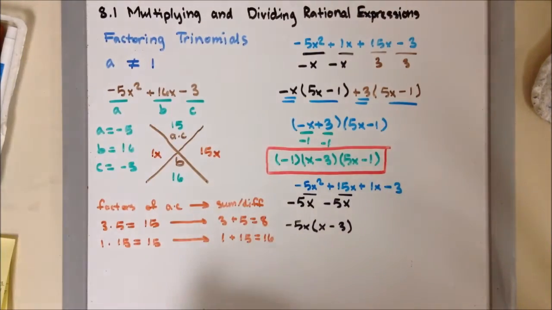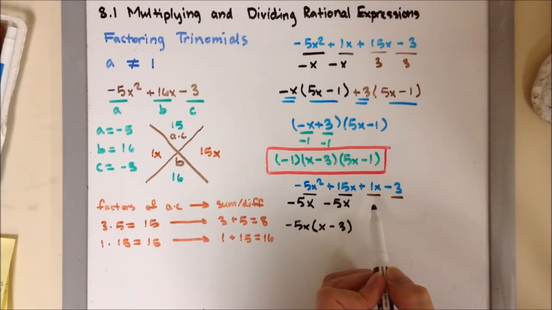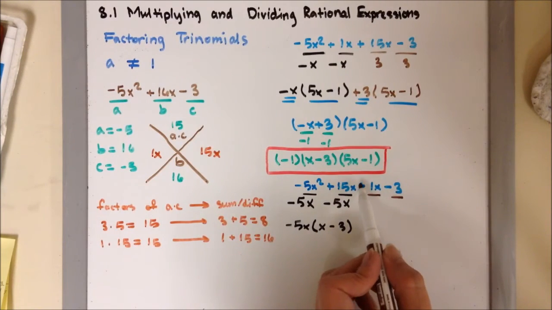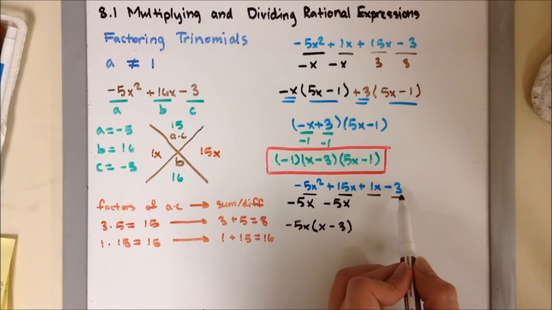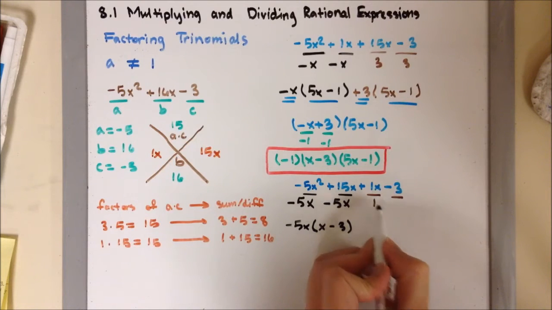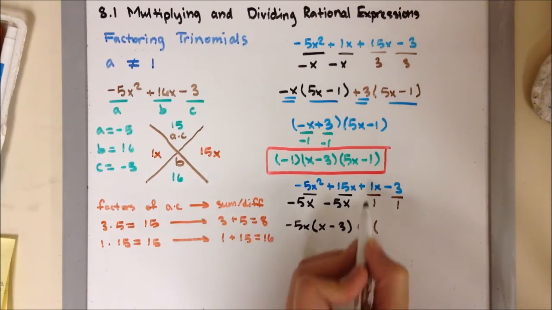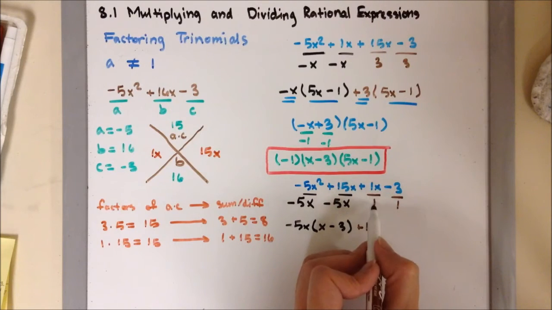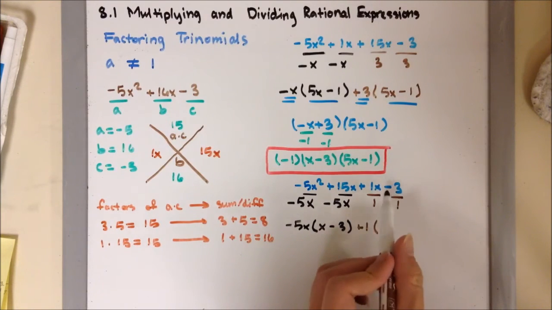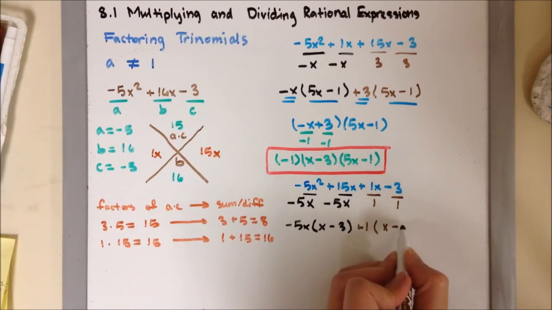Then let's take a look at the right side. For the moment, I see nothing in common between positive 1x and minus 3, except the only thing that's in common is positive 1. So I'm going to write plus 1 here. I'm going to divide 1x by 1, which is just x. I'm going to divide minus 3 by 1, which is minus 3.